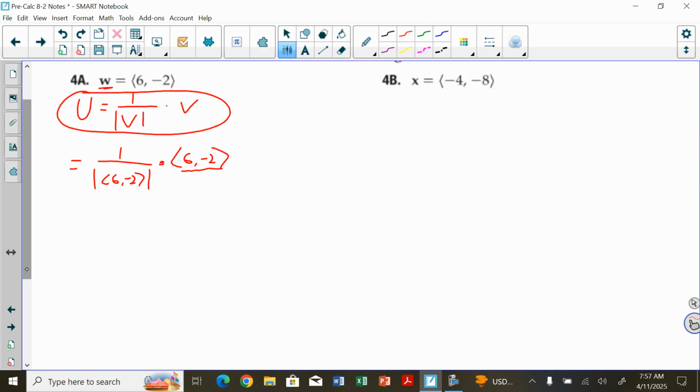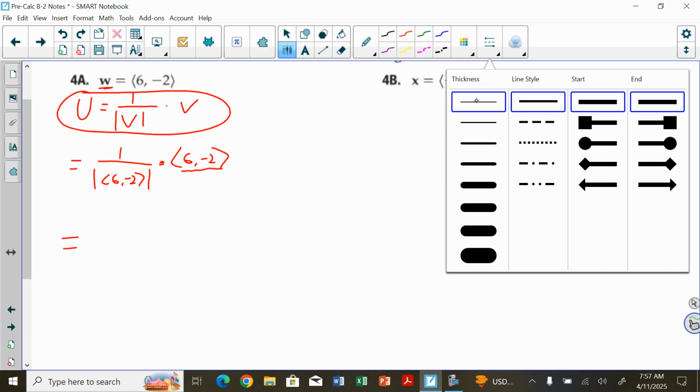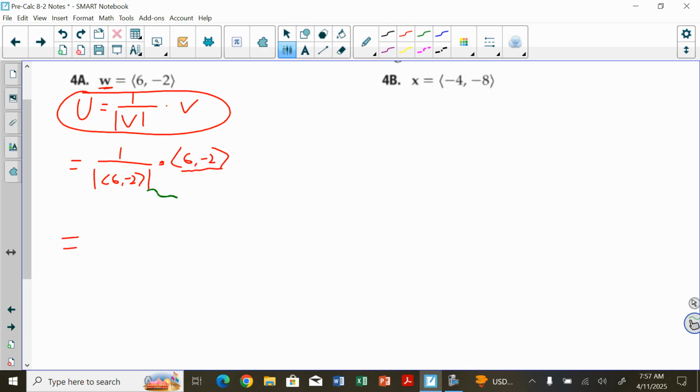Okay, so we got some work to do. We have to find the magnitude of this vector here. Remember that this is already in component form, already in <a, b>, so I can simply use square root of a squared plus b squared.